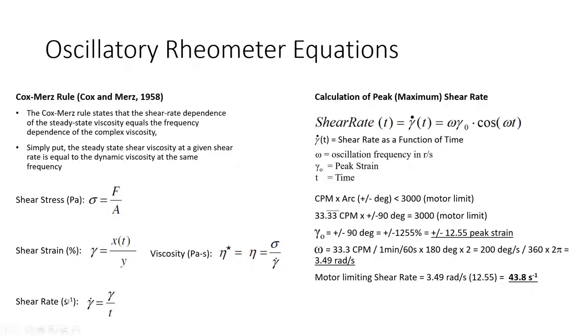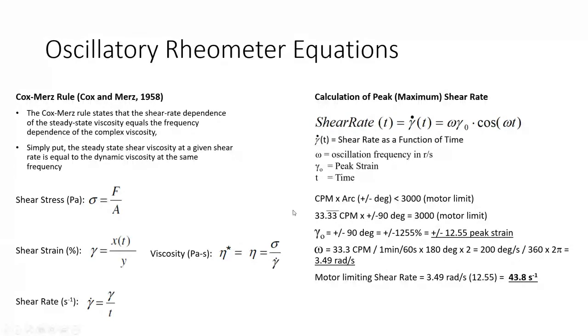And we have the shear rate definition as a relationship to the shear with time. But the viscosity is a relationship concept of these three equations. And eta star, which is the complex viscosity, is related to the true viscosity by looking at the shear stress over the shear rate.